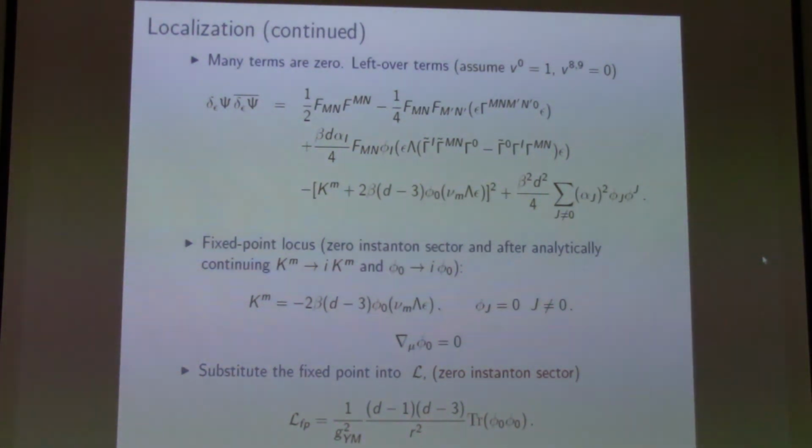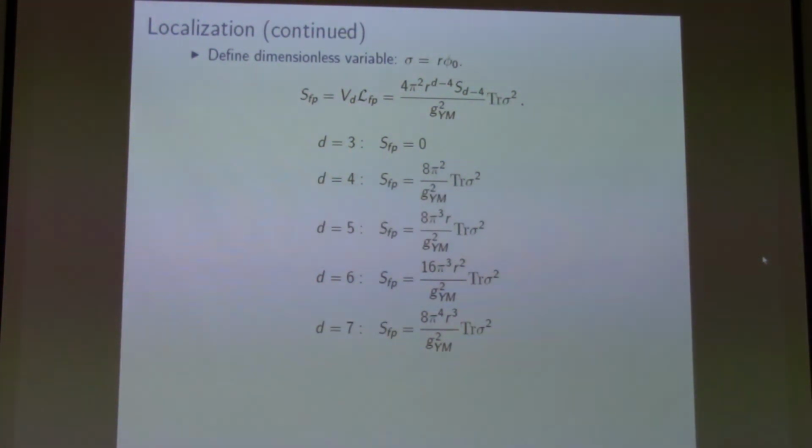The fluctuations for the fermions are of course important, but those go away. So if I look at the action at this fixed point, since the phi's are constant along the sphere, I can just multiply by the volume of that sphere, so V_d times the Lagrangian at that fixed point.